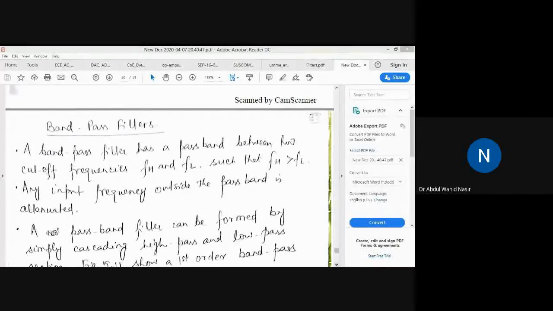What I'm thinking is that for the high pass and low pass filters, today I will share the notes. In high pass we have first order and second order, and in low pass also we have first order and second order. For that, the notes will be shared today in the Google Classroom, by today evening. Then the other two types of filter will be left, that is band reject and band pass.